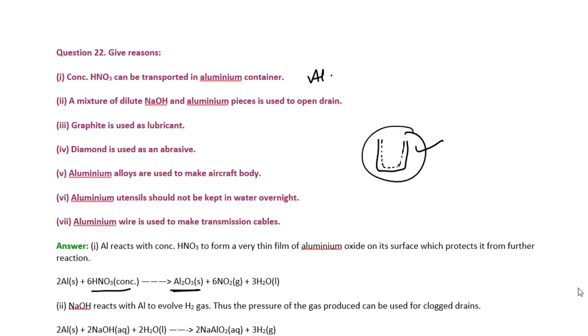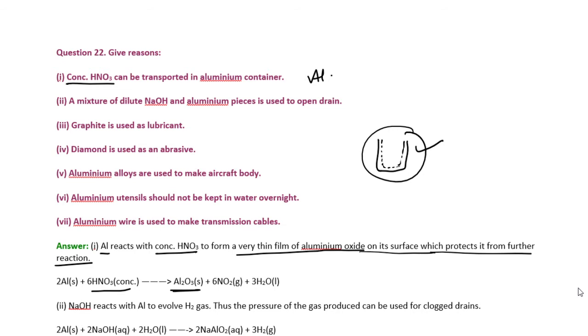See, aluminium reacts with concentrated HNO3 and forms a very thin film of aluminium oxide on its surface, which protects it from further reaction, and that's why nitric acid can be safely transported in aluminium containers because of the formation of aluminium oxide which adheres on the surface.